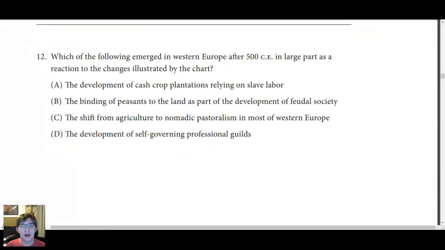So let's see. Which of the following emerged in Western Europe after 500 CE as a large part reaction to the changes illustrated in the chart? So B. Let's see.